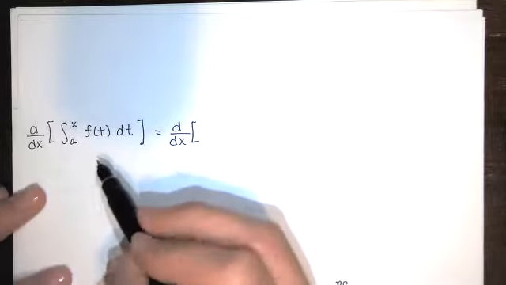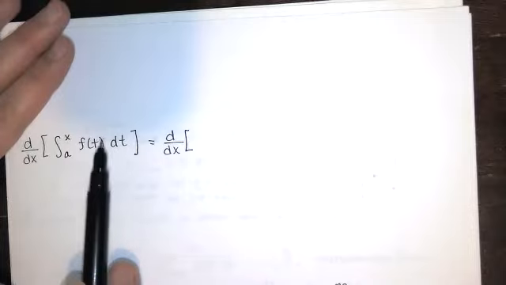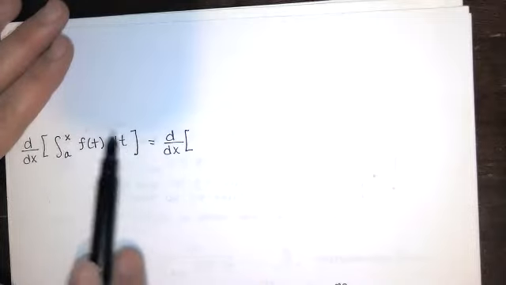So I've got the derivative with respect to x of the integral from a to x of f of t dt. Well, according to the first fundamental theorem, it comes from evaluating that integral.